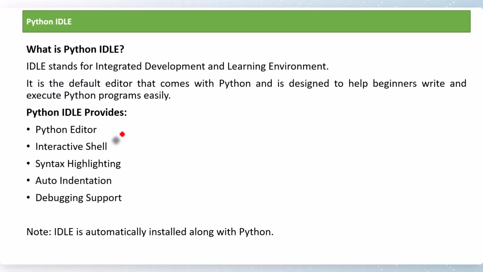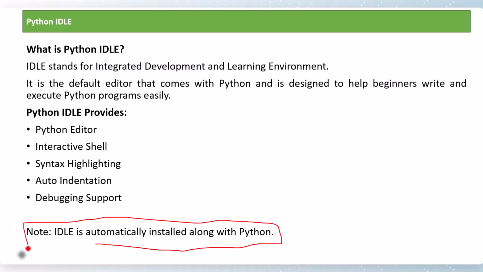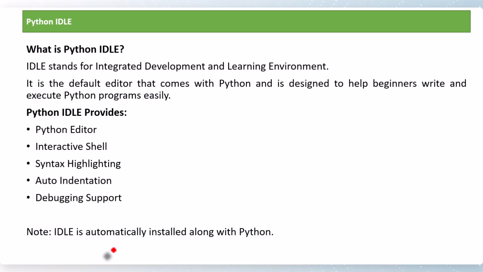All these features are provided by IDLE. This IDLE is automatically installed along with Python. As mentioned, you do not need to install this IDE separately. When you install Python from python.org, IDLE will come automatically into your system.